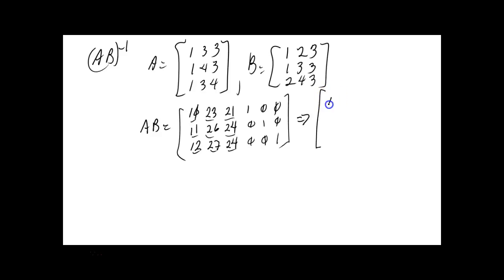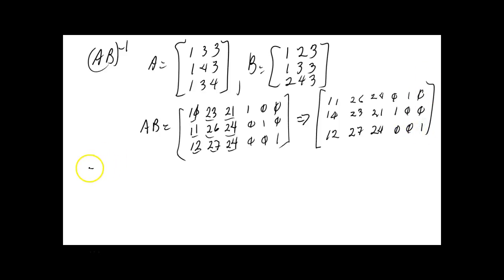So it'll be 11, 26, 24, 0, 1, 0; 10, 23, 21, 1, 0, 0; and 12, 27, 24, 0, 0, 1. Now we will add negative row 2 to row 1.